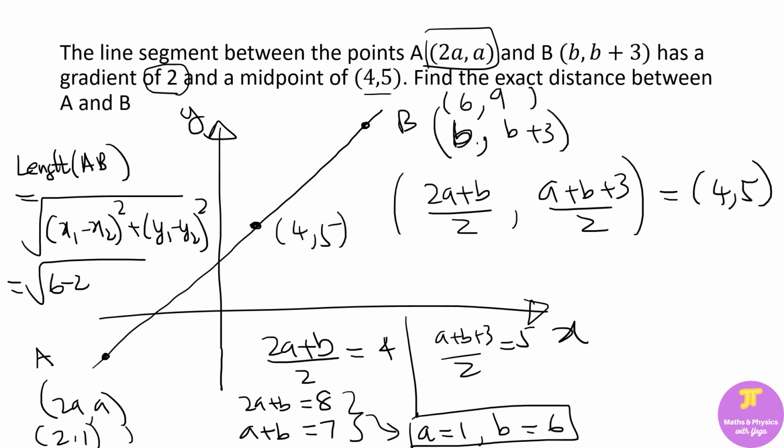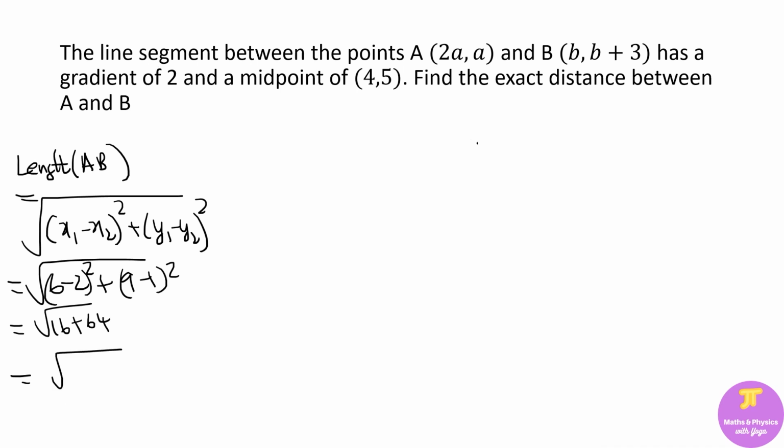So it's 6 minus 2 squared plus 9 minus 1 squared. This is the square root of 16 plus 64, which is the square root of 80. So the length of AB is the square root of 80. That's the answer to this question.